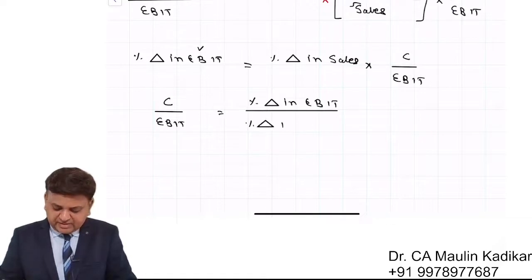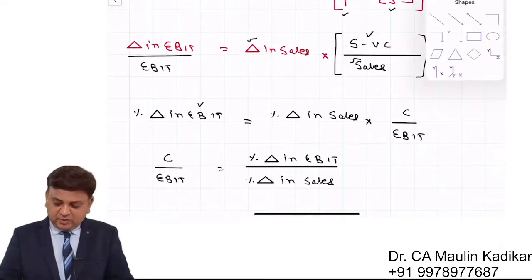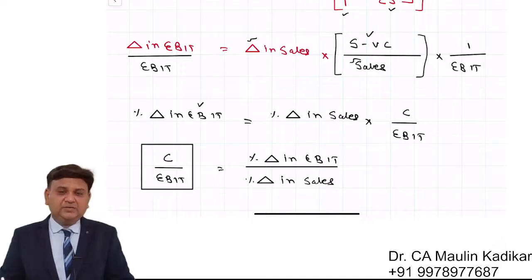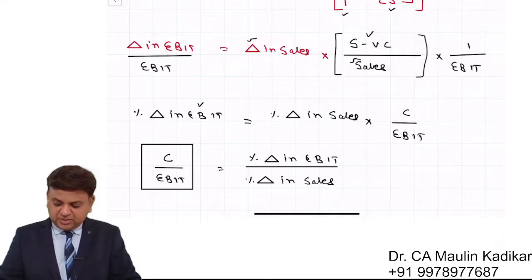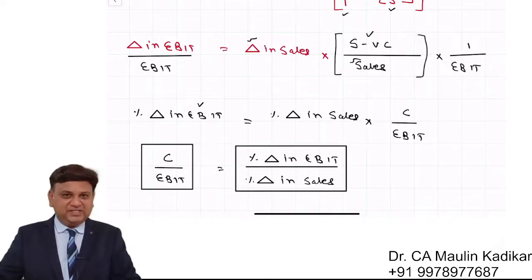And this is what we understand is what the DOL measures. This is given a name as DOL, degree of operating leverage, which is found as contribution upon EBIT, and it measures what is the percentage change in EBIT for every 1% change in sales.